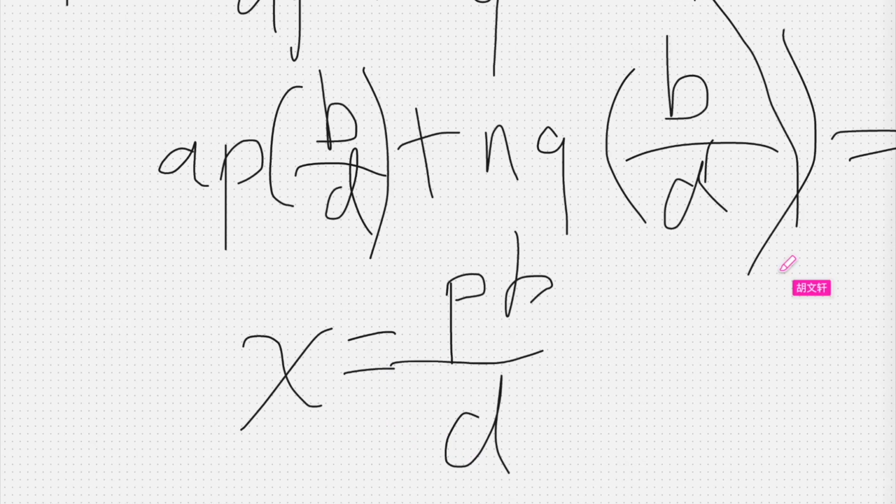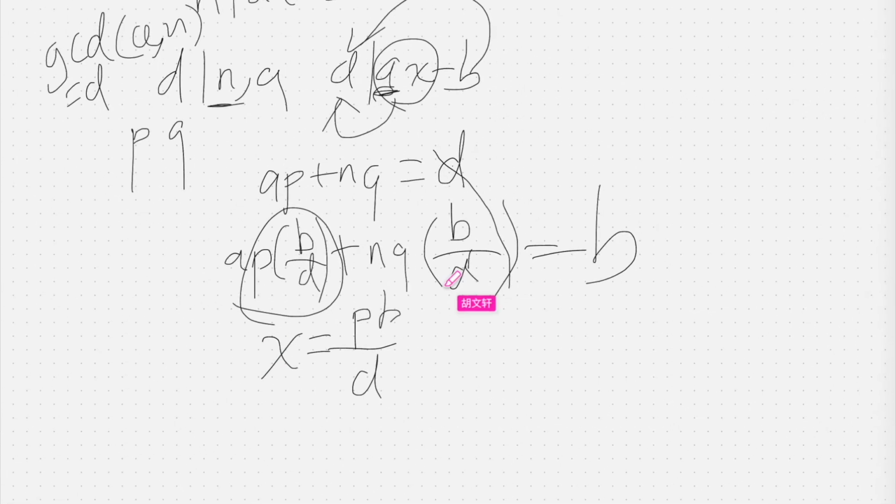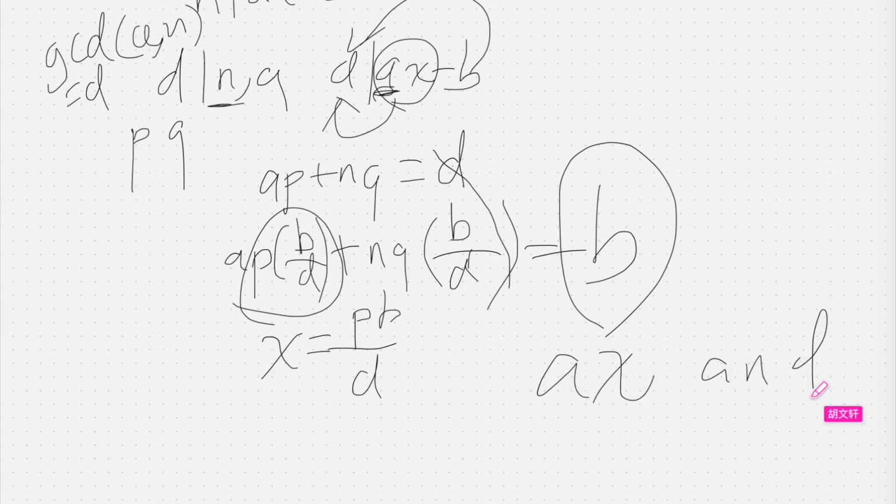You can see pb over d, because that's what we're multiplying by. So therefore b is, how do I say this, the greatest common divisor between ax and n. And we're just finding the coefficient for a.